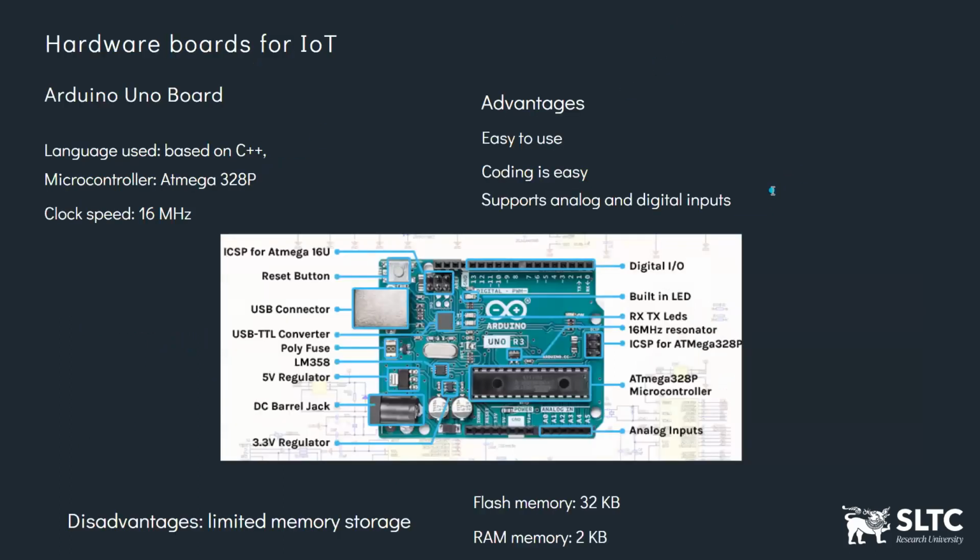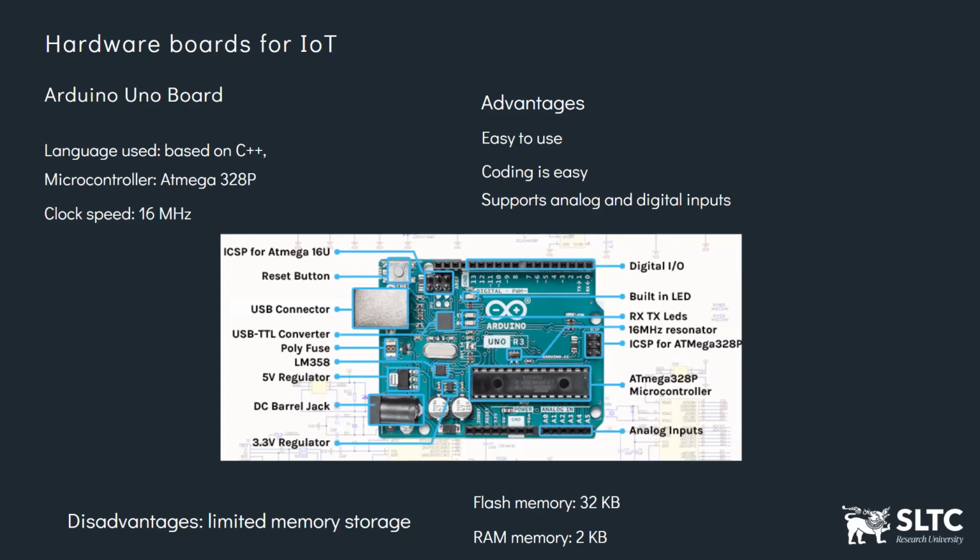Arduino Uno is one of the popular microcontroller boards. It is very easy to use, and the coding in there is easy. On the internet we have multiple resources that provide us sample codes and sample libraries that enable us to implement projects on these Arduino boards.